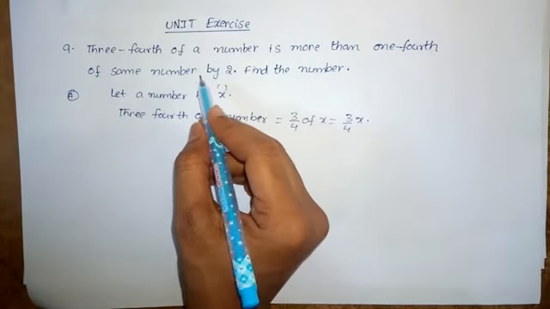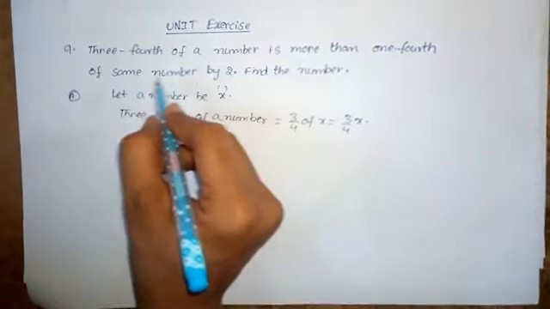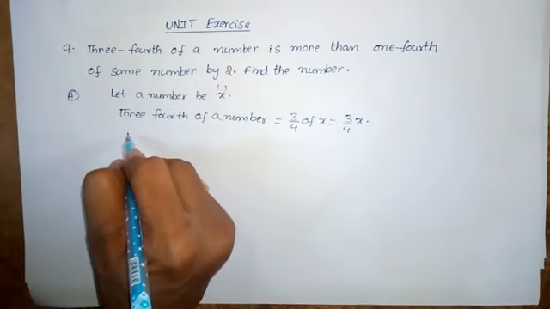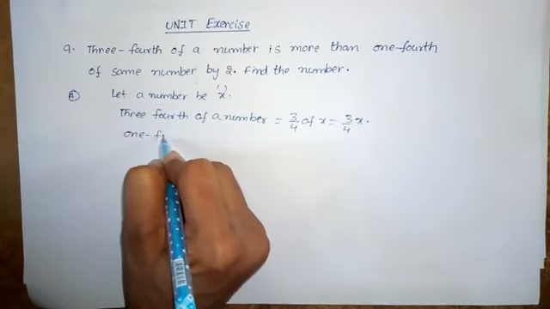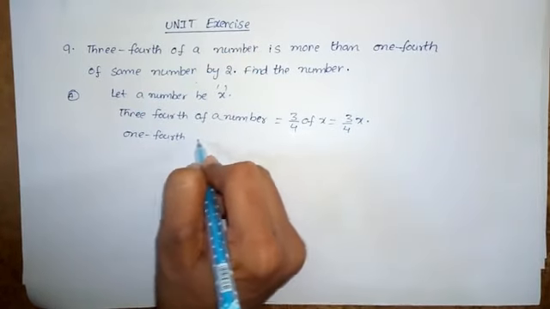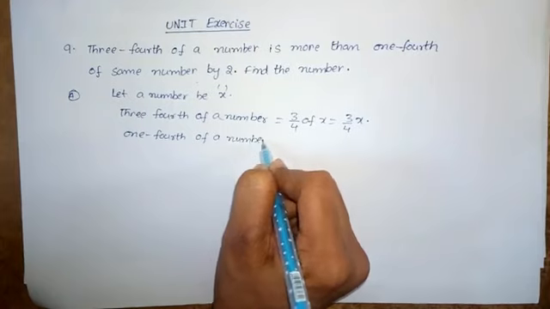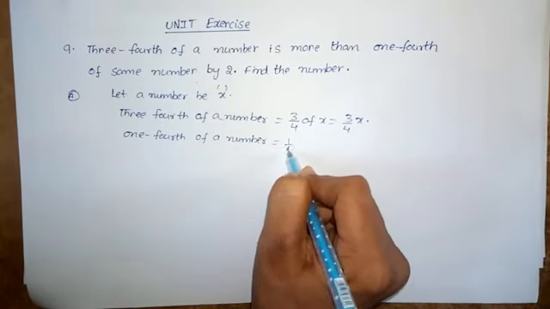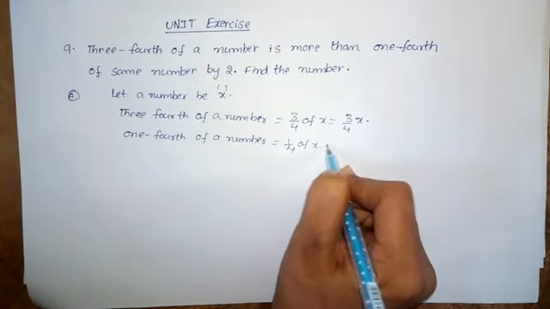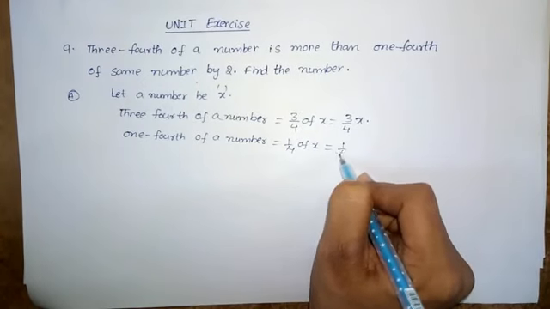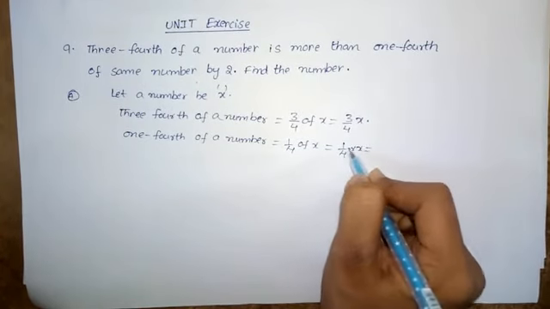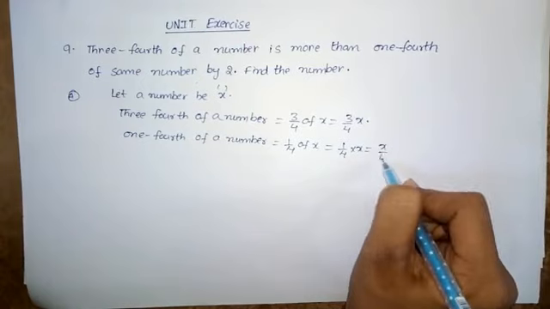In the problem they have also given 1/4 of the same number. So 1/4 of a number is nothing but 1 by 4 of x. It is equal to 1 by 4 into x. So 1 into x becomes x, so x by 4.